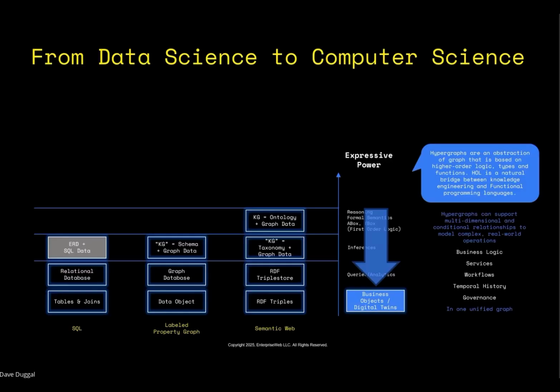It allows us to support complex real-world operations. In our graph, we can support business logic, service definitions, workflows, temporal history, governance in the graph, not just data. That supports not only efficiencies because it all lives in the same graph, it also supports much more powerful reasoning because it lives in the same graph.